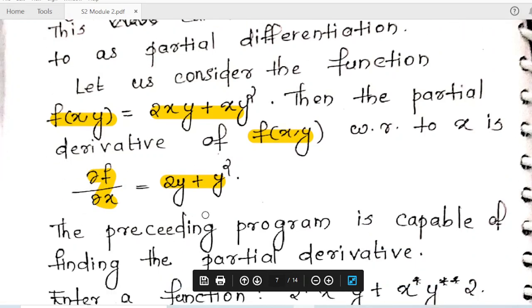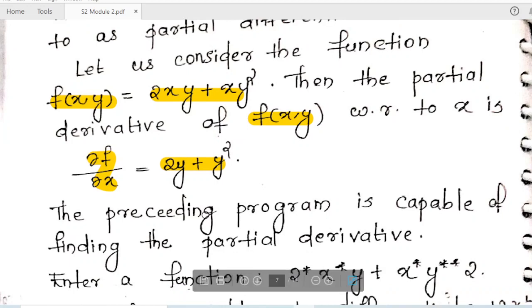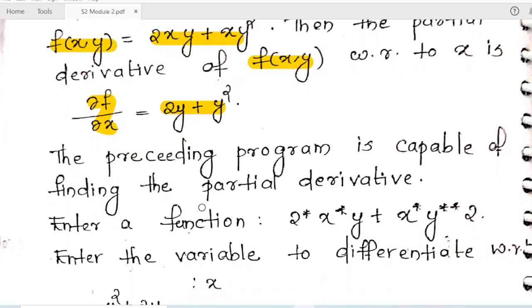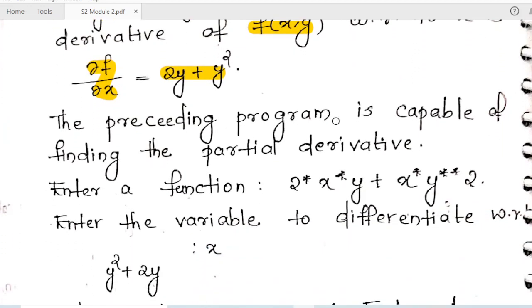Now we have to see how we can do partial differentiation in Python. The preceding program is capable of finding the partial derivatives. So from the previous derivative calculator itself, we can find the partial derivatives also. If you write the program for the derivative calculator and run it, you will first obtain "enter a function".